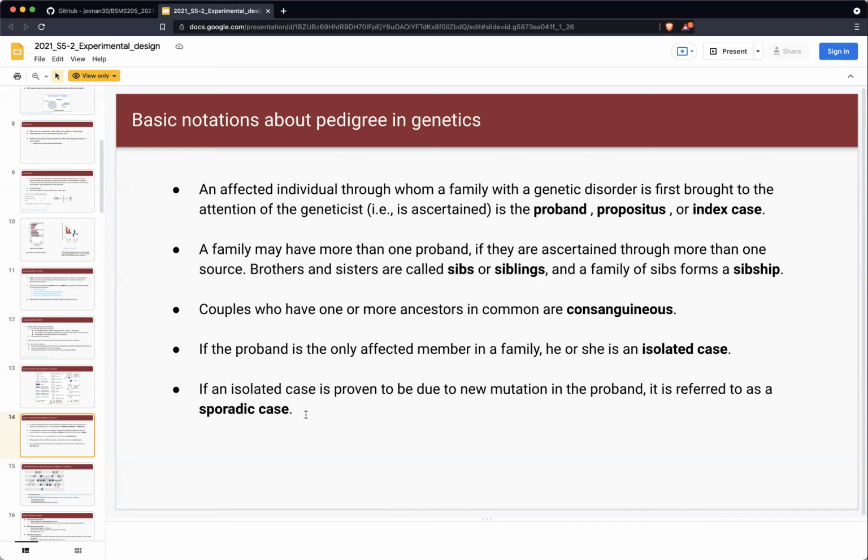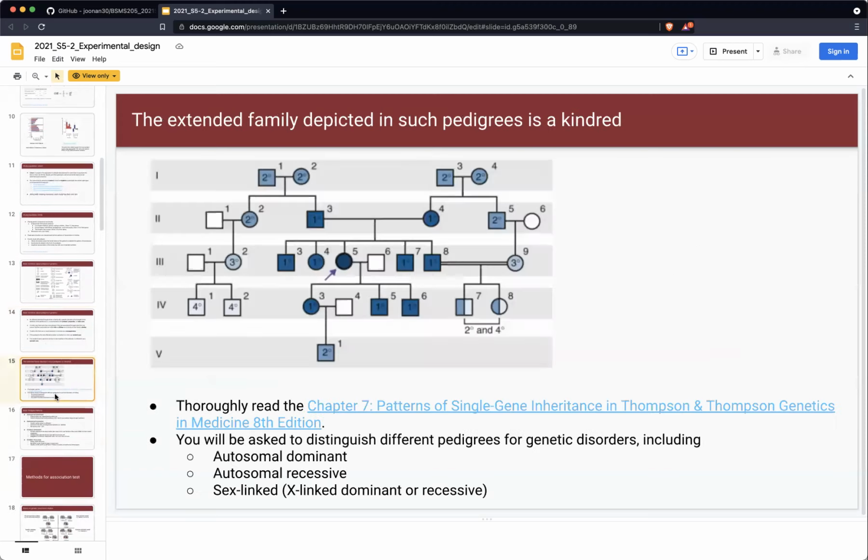So these days, when you describe a trio family, a trio is two parents and only one kid. If the parents are not diagnosed with a certain disease but your child is diagnosed with the disease, then in that case you call this a sporadic case.